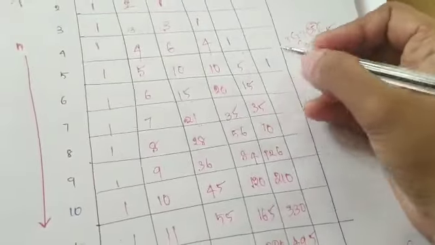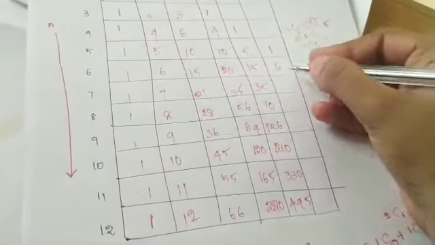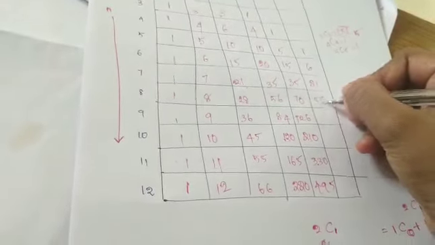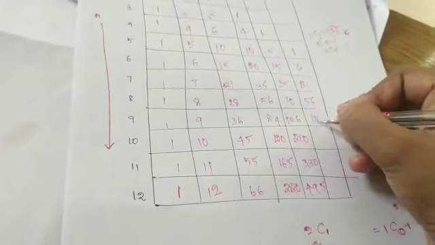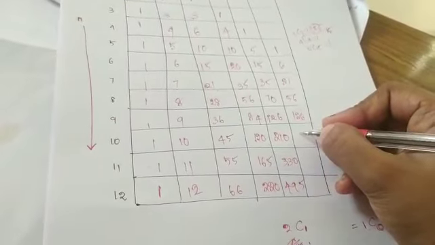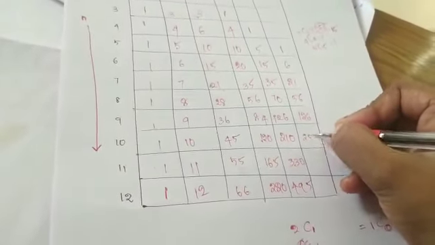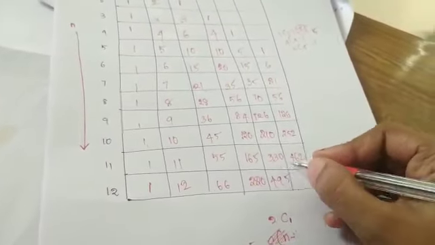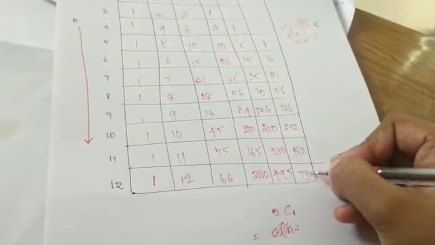And here 5 plus 1 is 6, 15 plus 6 is 21, 35 plus 21 is 56, 70 plus 56 is 126, 126 plus 126 is 252, 210 plus 252 is 462, 330 plus 462 is 792.